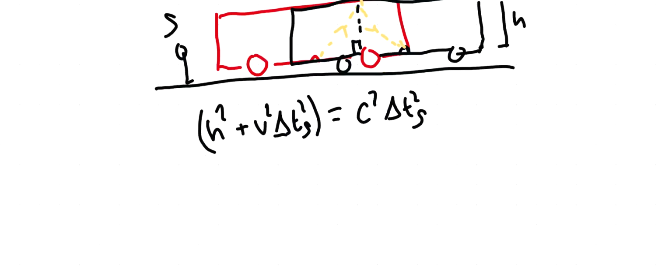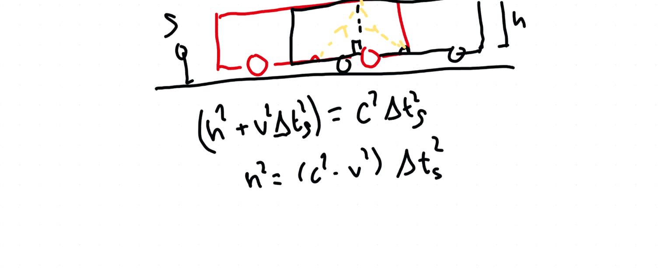If we rearrange this a bit, we get h squared is equal to (c squared minus v squared) delta t s squared. But that's actually just one way, so we will have to multiply by 2 at the end. This is what I'm calculating here. Let me make a distinct notation and put a bar over it.